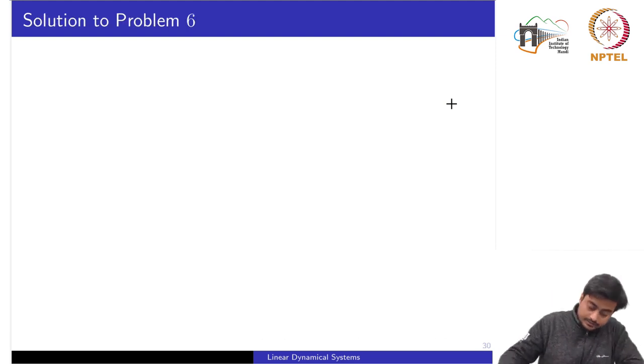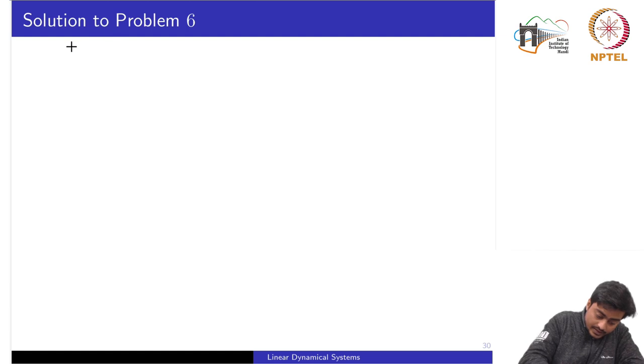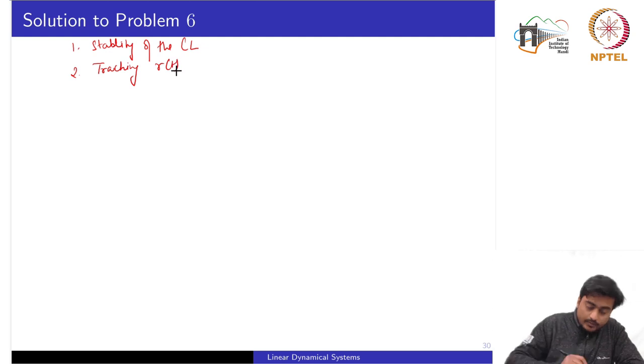So if you recall, let's write it. So first is the stability of the closed loop. Second is the tracking, R of t.